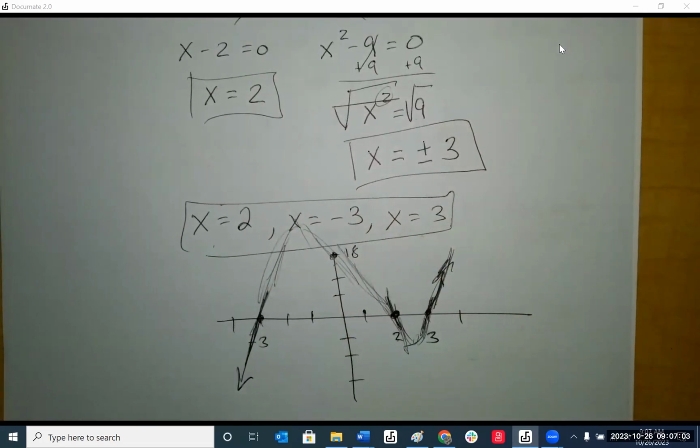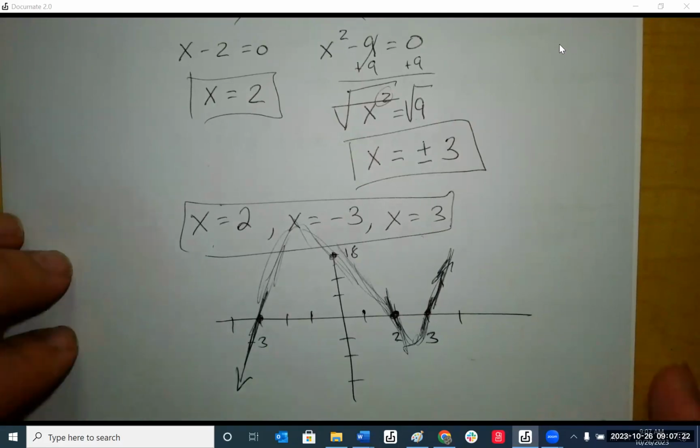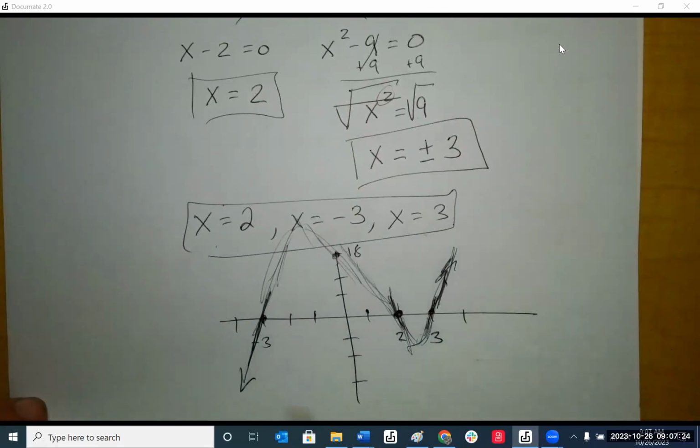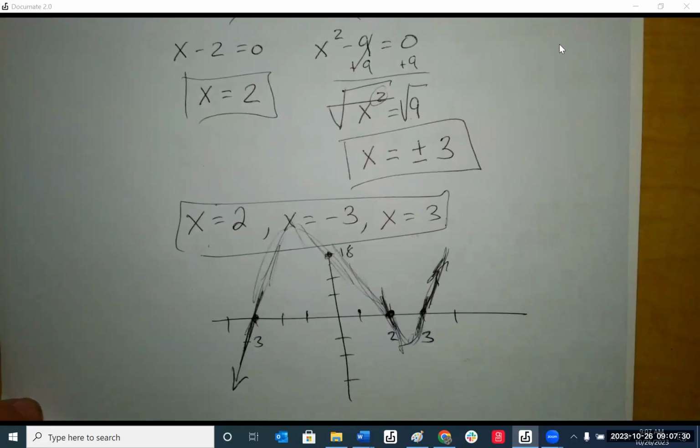That's what our graph is going to look like. Again, all we need right now is just the basic shape of the curve. To get better points, we'd actually plug in some numbers and see what we get.